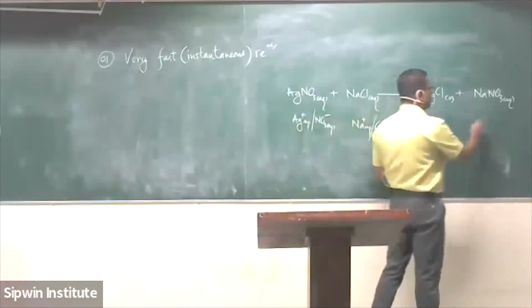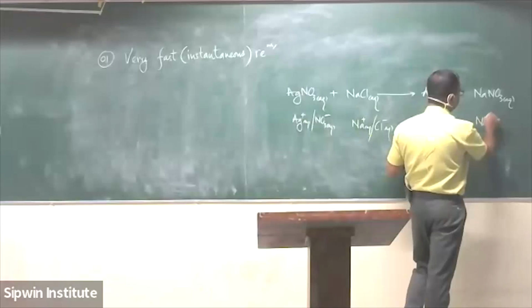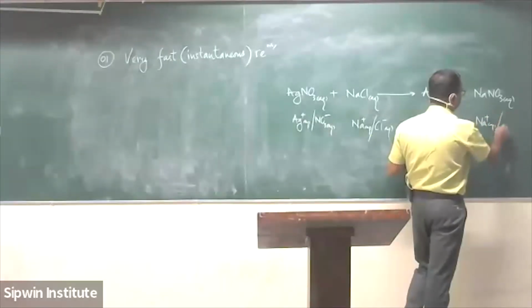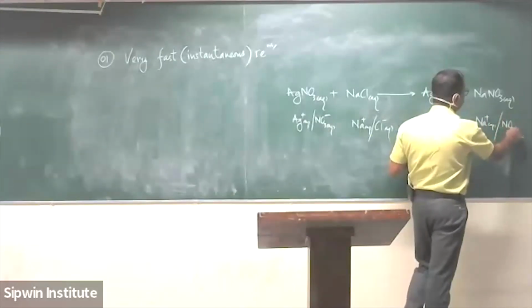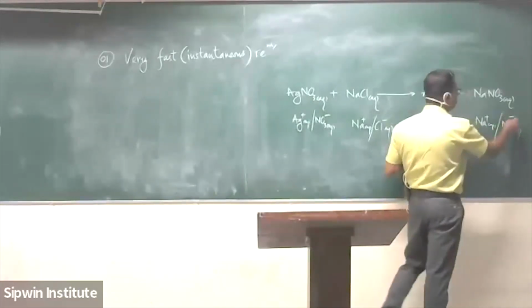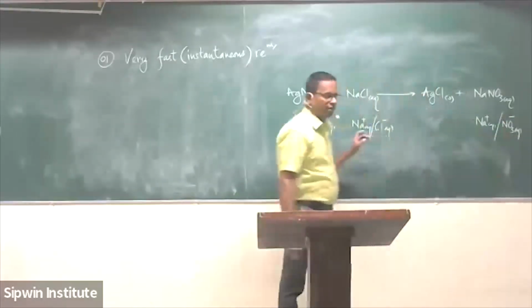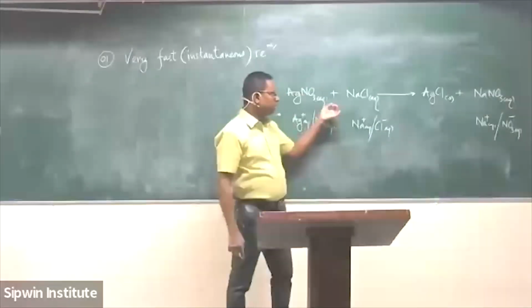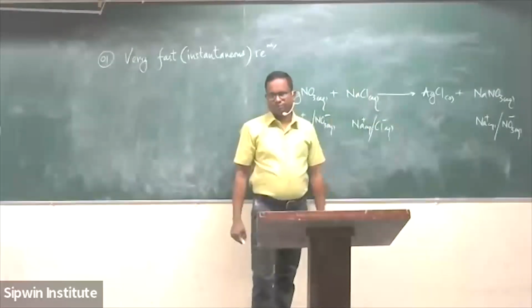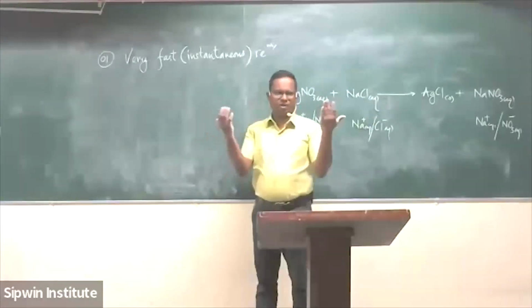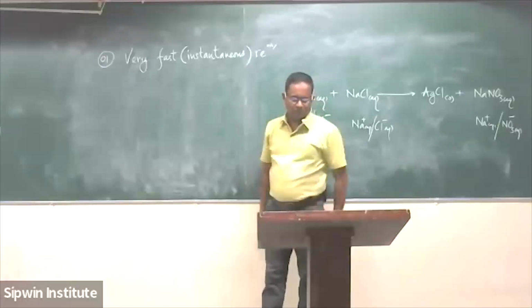Sodium nitrate means sodium ions, nitrate ions. The only thing that happens is that when you mix them, the silver ions and chloride ions join together and silver chloride is produced. The only thing that happens there is the ionic bond formation of silver chloride.